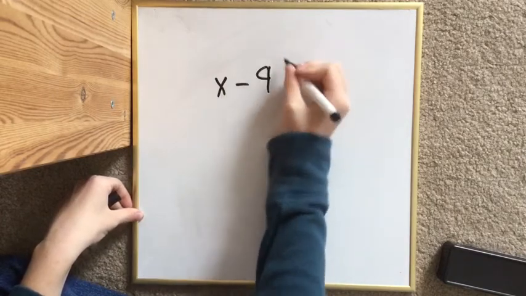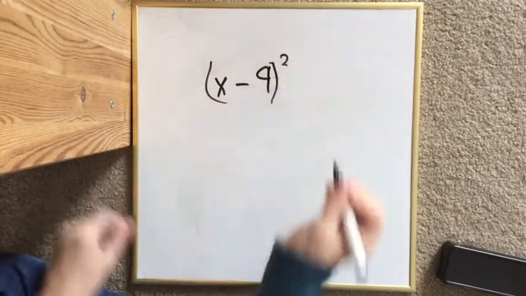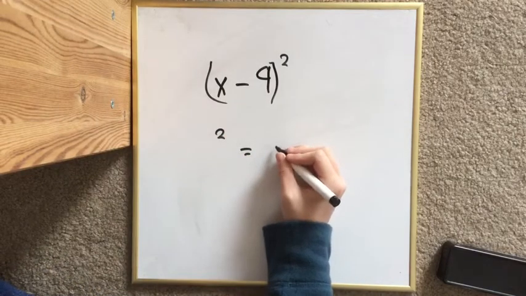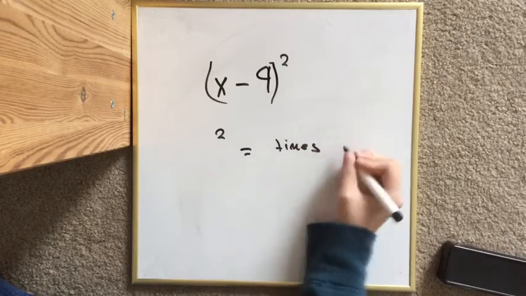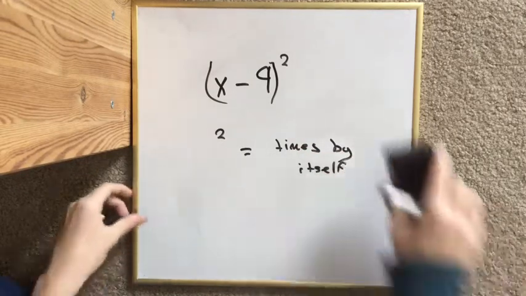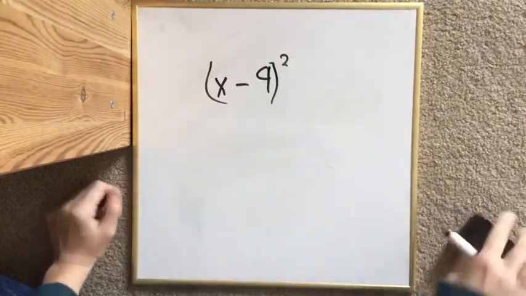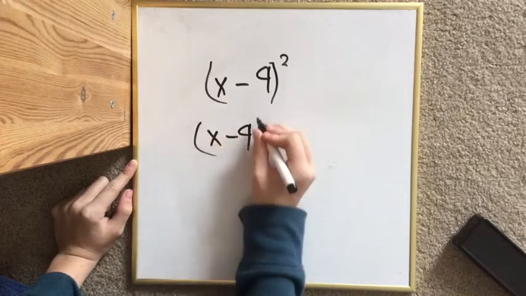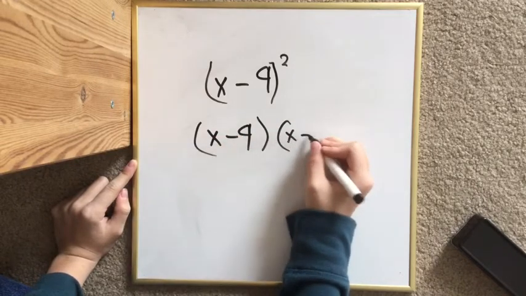So what if we have x minus 9 squared? How do we get this so that we can FOIL it? Well, you have to remember that squaring something is multiplying it by itself. So we can just rewrite this as x minus 9 times x minus 9.